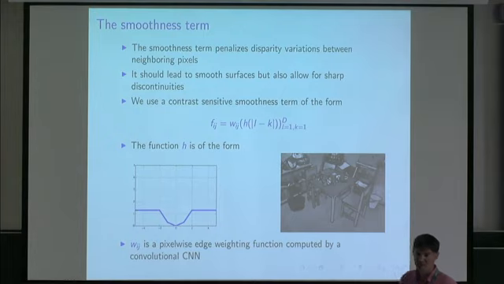You can do the classic approach, where at strong gradients in the image this function should be very small, to favor discontinuities of depth or motion at image edges. Or, what we do here, we also learn this function from the image. So we also have a small convolutional neural network that takes the image as input and outputs a weighting function, and this will later be learned together with the CRF.